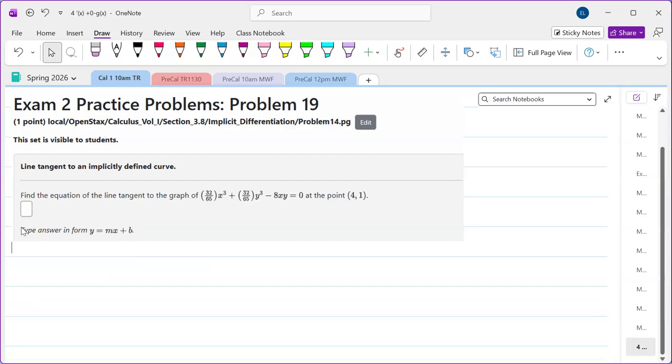The coefficients on this one are stupid looking. The coefficients won't be that stupid looking on the test, but the function here is not a bad one.